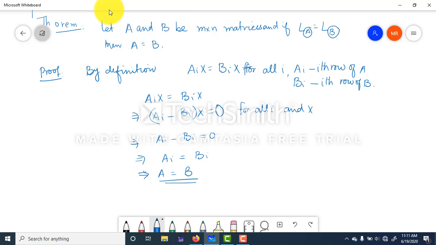Now, we know from homogeneous systems that if I have a homogeneous system AX equal to 0, this can have a trivial solution only, or non-trivial solutions.